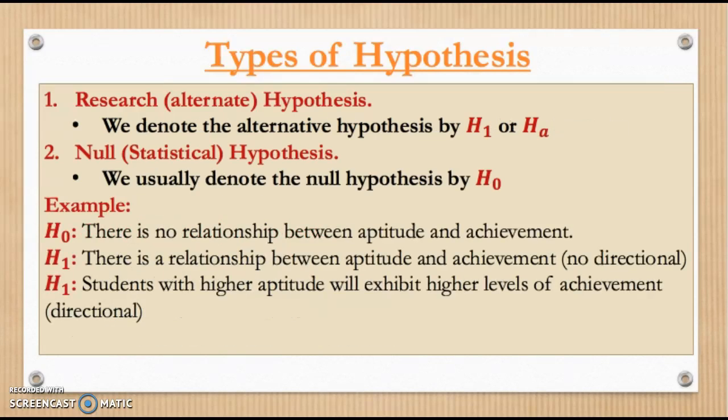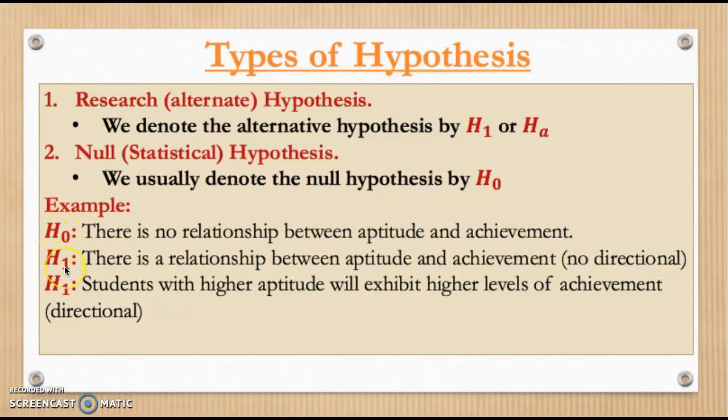We usually denote the null hypothesis by this and the alternative hypothesis by this or this. Here are some examples. Null hypothesis: there is no relationship between aptitude and achievement.